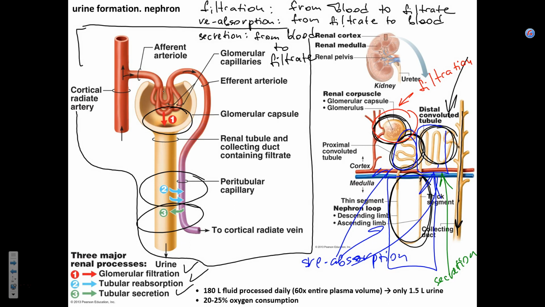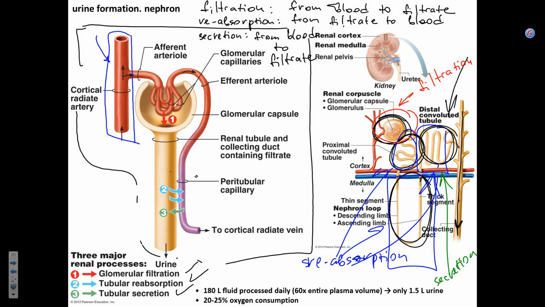We need to figure out the blood flow through the nephron. Okay, let's take a look at the blood flow. So this is artery. Can you see the artery? Artery here to the left of the nephron. It's a radiate artery which branches into afferent arteriole. The word afferent, generally speaking, refers to something that enters. Yes, that enters.